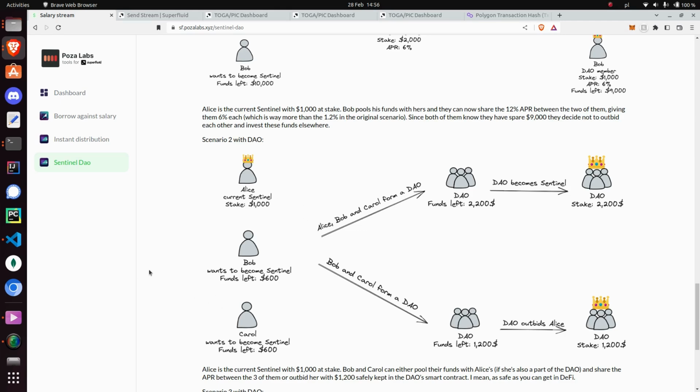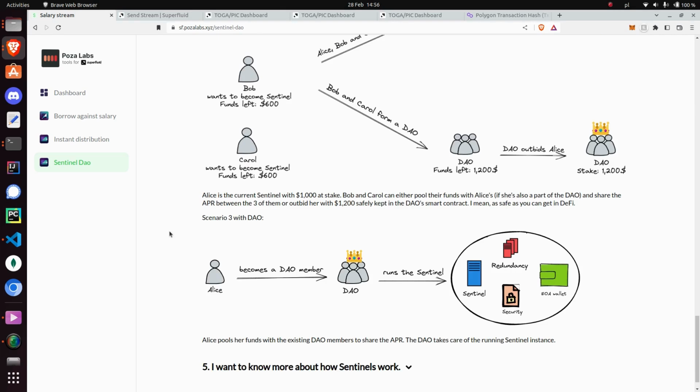And also in the third scenario, where we had a person who was kind of willing to invest but not really deal with the hassle of running a Sentinel, they can just join the DAO, and the DAO takes care of the organizational part of this.